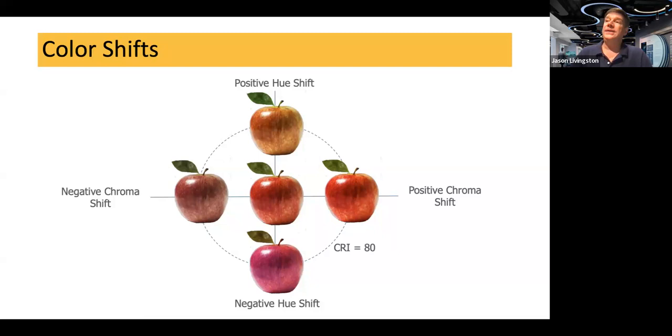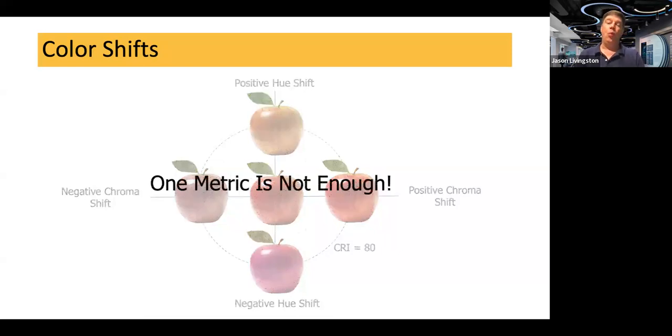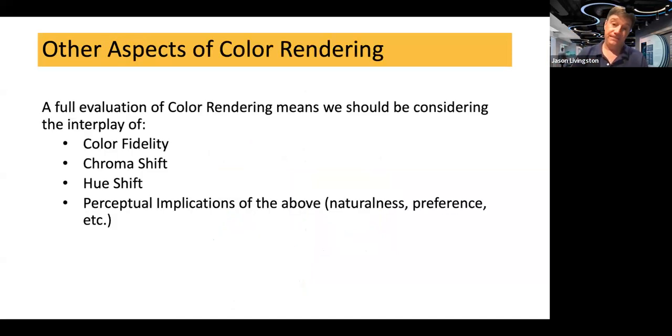So if we want to understand whether a light source is rendering colors in a way that is preferred or natural or vivid, we need to understand what's happening to color shifts. And that tells us that one metric, such as CRI, is simply not enough, because it's not giving us any directionality of the color shifts, and it's not telling us which hues are being shifted.